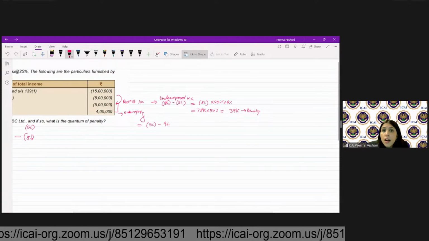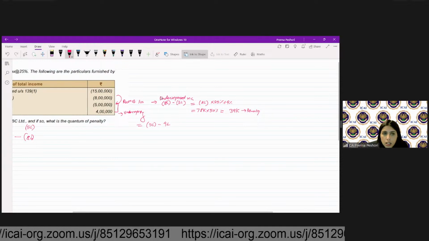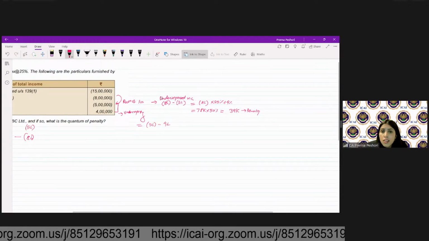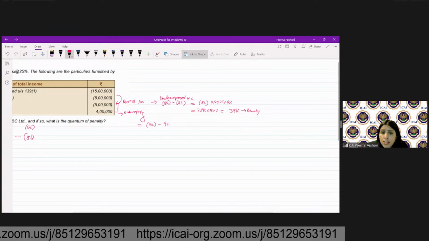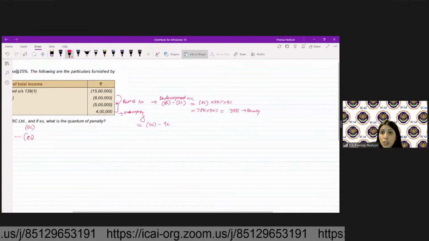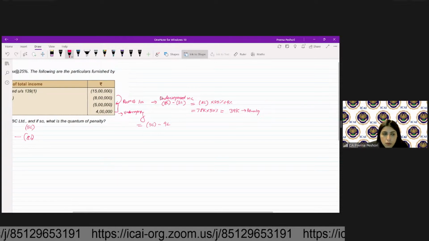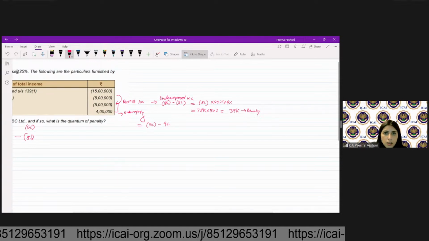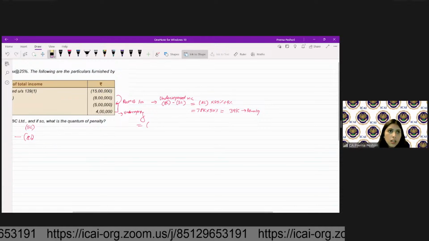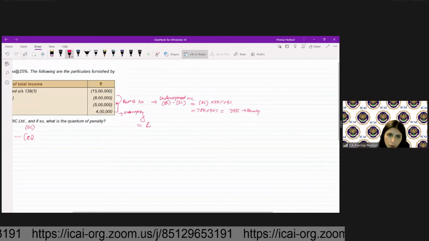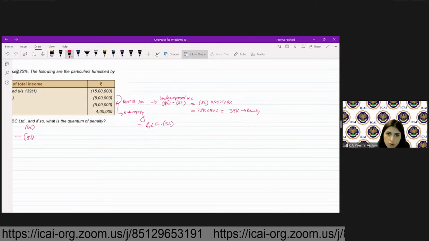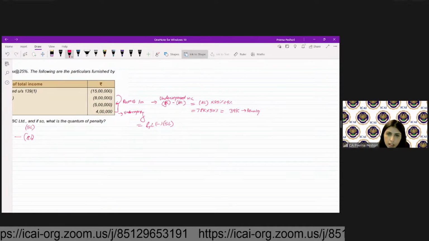So in this particular case also there is underreporting of income because my loss is getting converted to income. Sorry, 4 lakh, I've done it the reverse way. So 4 lakh minus 5 lakh. This should also be 5 lakh minus 8 lakh.